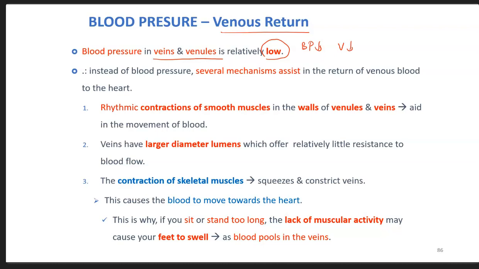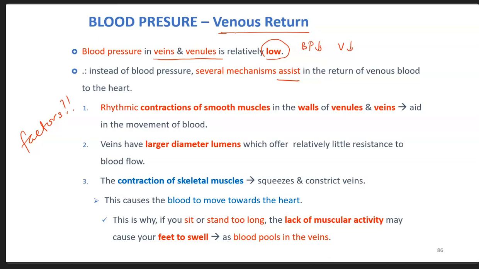So therefore, instead of blood pressure, several mechanisms will assist in the return of the venous blood to the heart. These are the factors that you must remember, that help the blood to return back to the heart through the veins.